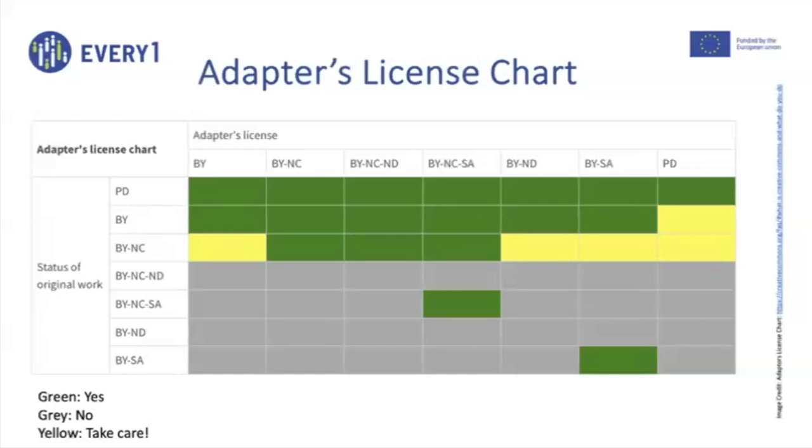And therefore, if you license it under something like CC BY, or CC BY no derivatives, or CC BY share alike, or even into the public domain, then there's the potential that it could be used within commercial contexts.